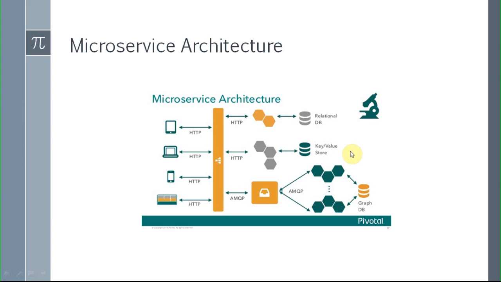For example, Redis or Redis Sentinel, if you want to have a clustering feature, or other key value stores like etcd from CoreOS, Apache Geode, and other kinds of key value stores.